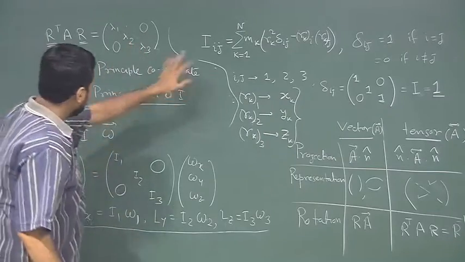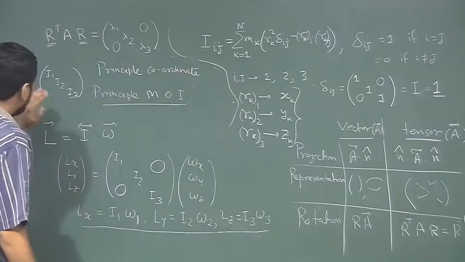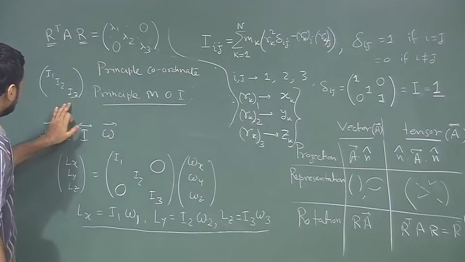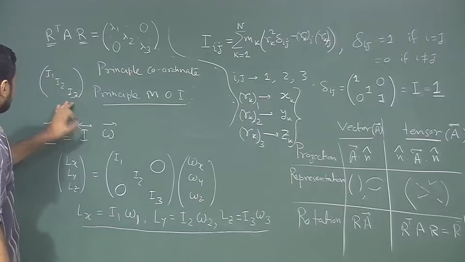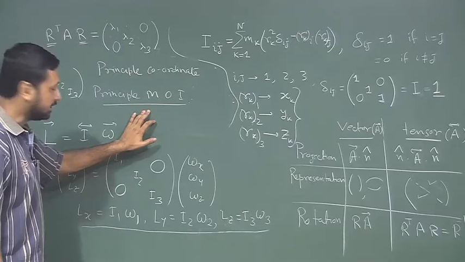Similarly, because it is a real symmetric tensor, it can also be taken into this diagonal form, where the diagonal elements are the principal moments of inertia, which are the eigenvalues of this inertia tensor.